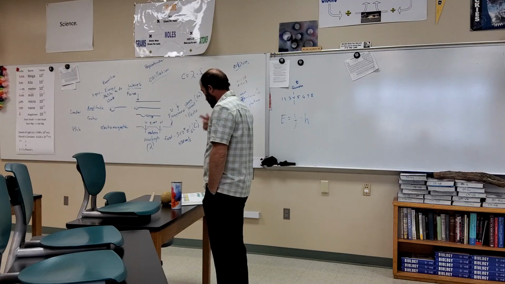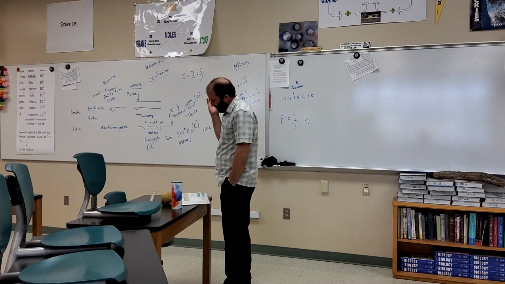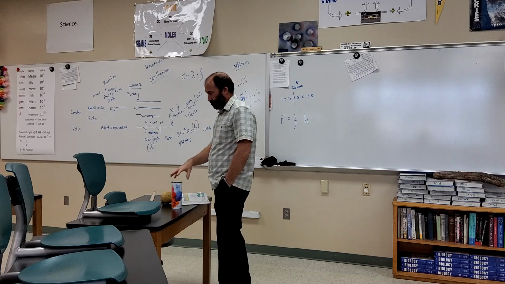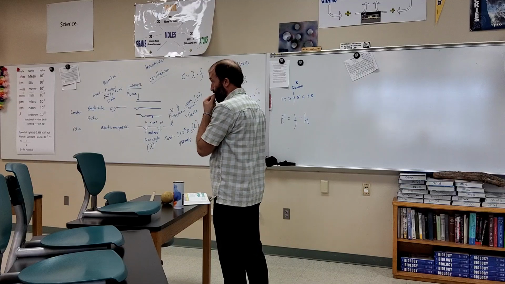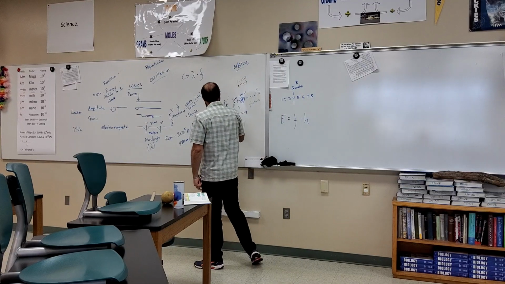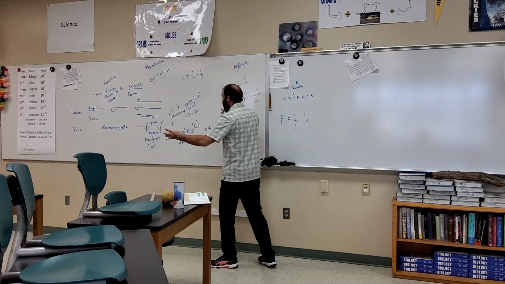So, putting all this together, now they could explain why some metal would not emit electrons. And so there we are. We have our model of the atom with the electron.